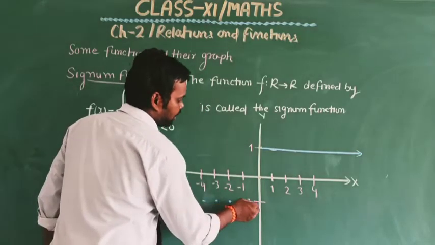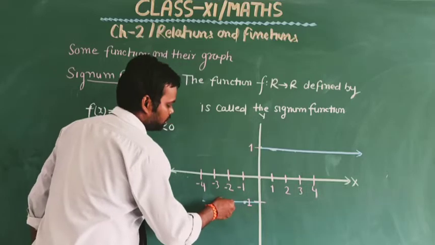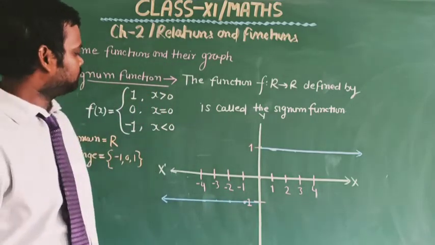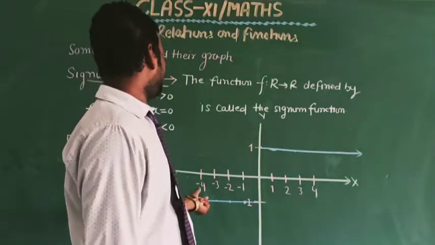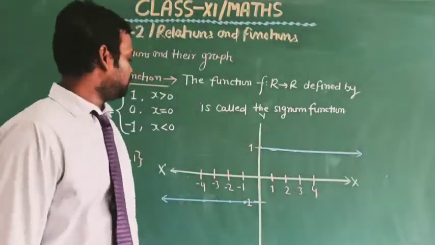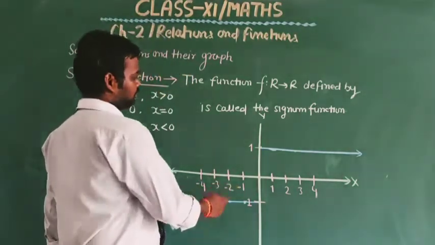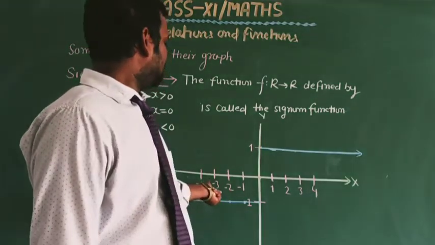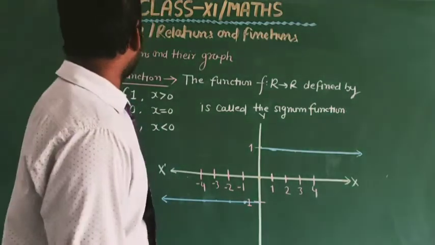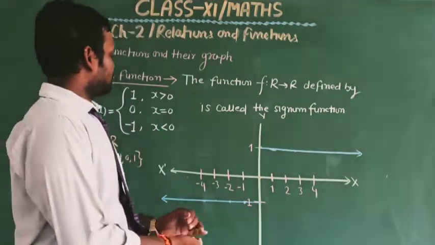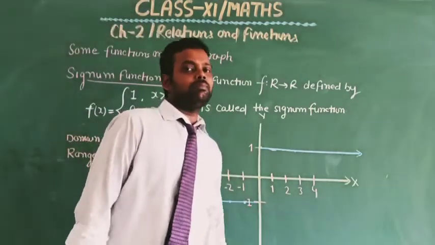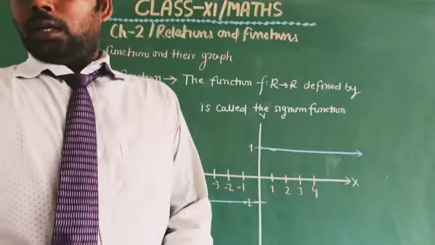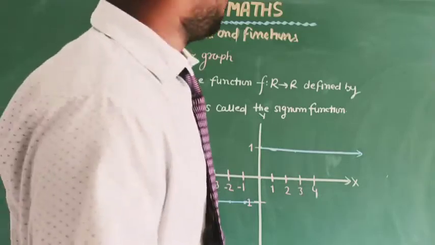Again joining these points, a straight line parallel to the x-axis is obtained. So this is the graph of the signum function. Clear to everybody?